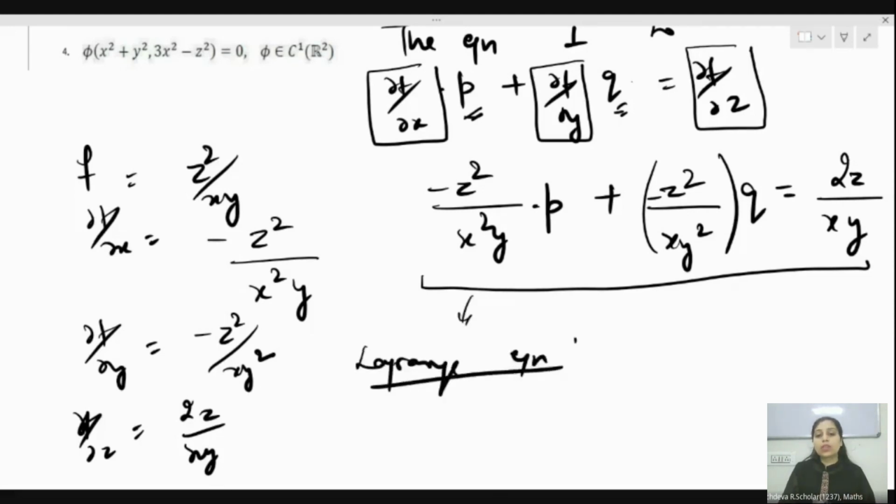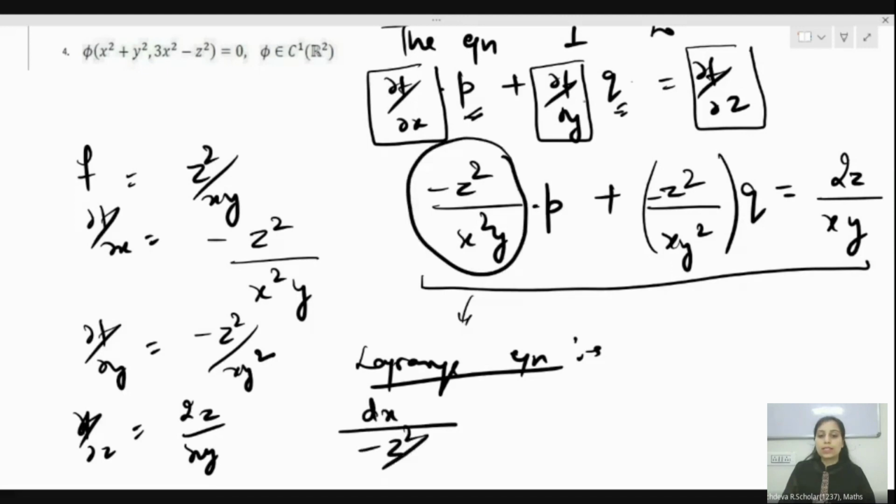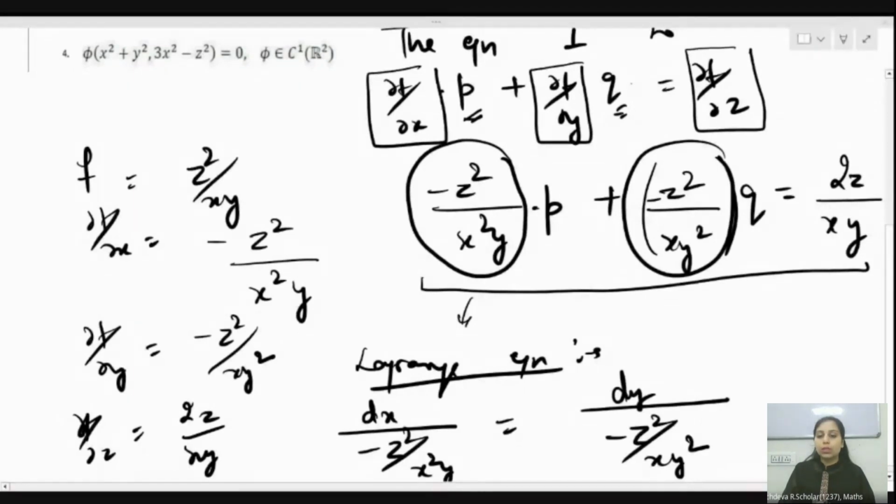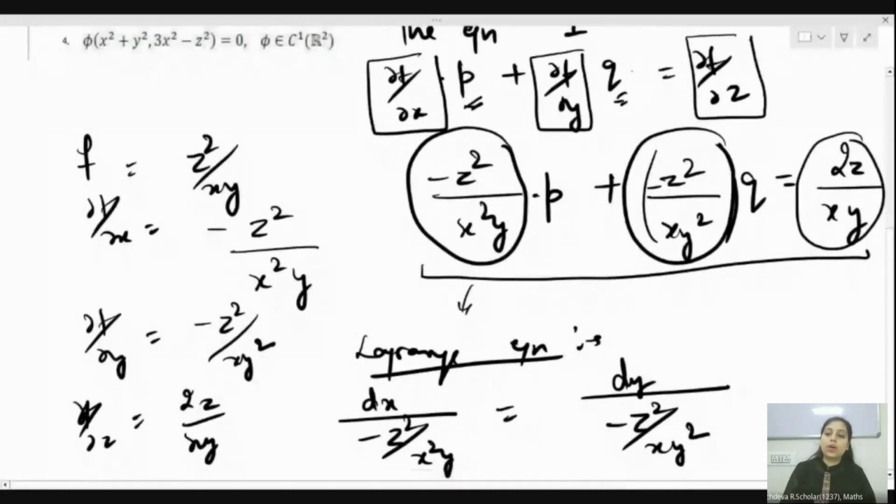So writing the Lagrange equation, dx upon this coefficient, minus z square upon x square y, is equal to dy upon this one, minus z square upon xy square, and dz upon this one, 2z upon xy.